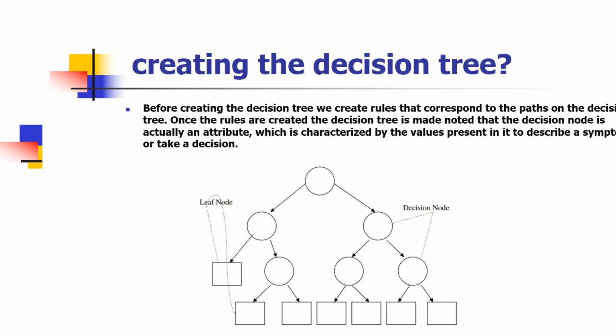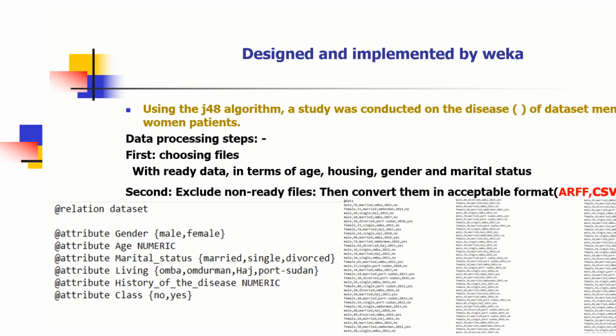What do we need to create a decision tree? Any decision tree contains 3 parts: root, decision node, and leaf node. Root represents the topic name, decision node represents questions, and leaf node represents results.